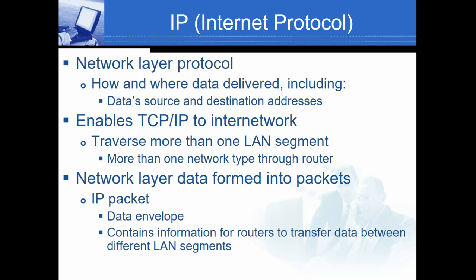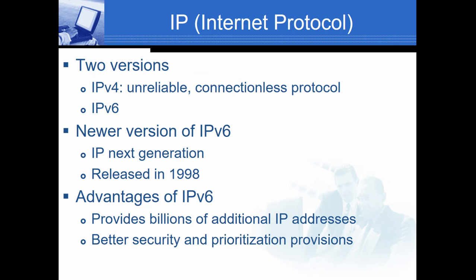Okay, network layer protocol. So you're going to have TCP/IP on that one. That allows you to go to different networks, and that's done by an IP packet and what's called a data envelope. You'll see all that in the video, exactly how the data is formed into packets in the transport layer.